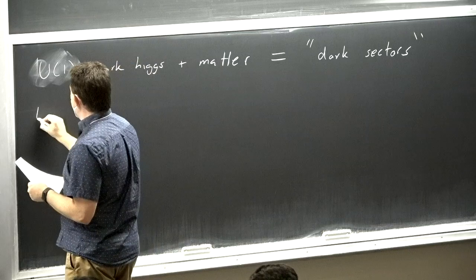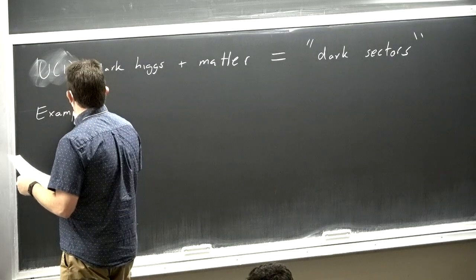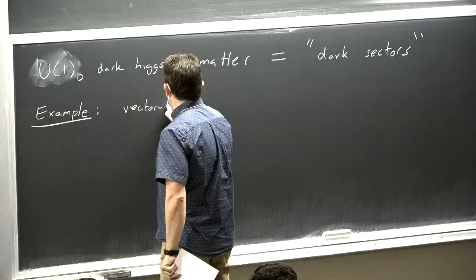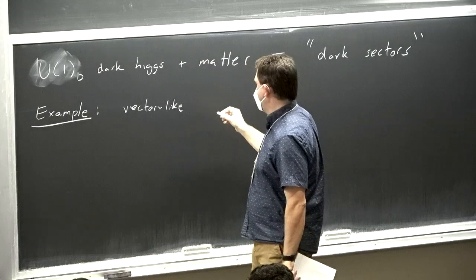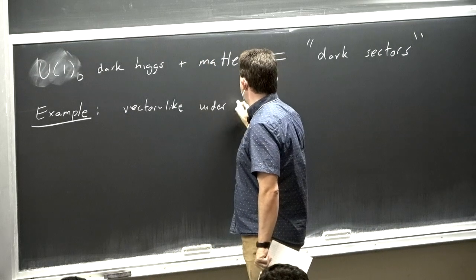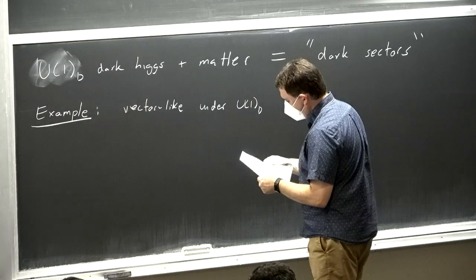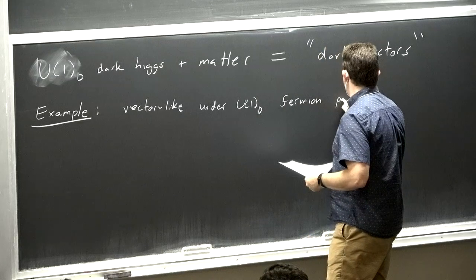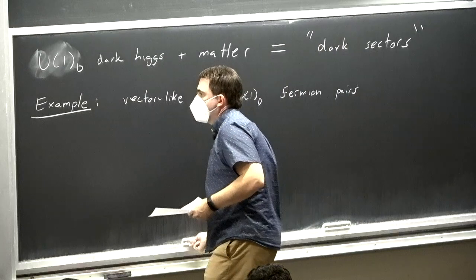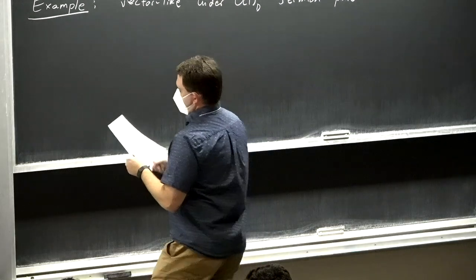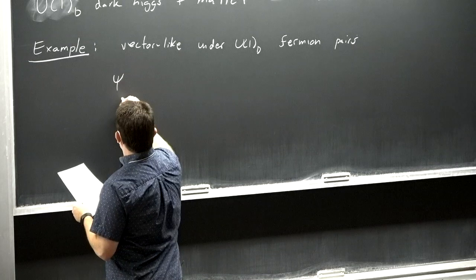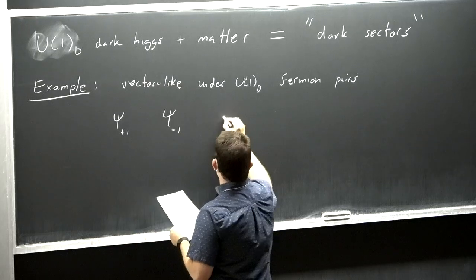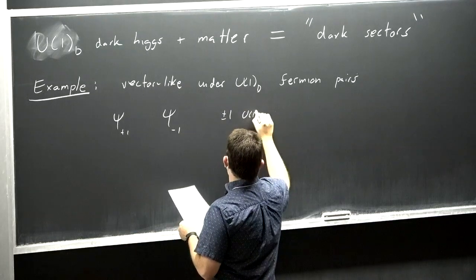And so a simple example would be, and this is not the most minimal example, but you could have vector-like fermions, vector-like under the U1 dark charges, fermion pairs. And just to write out a matter content, we can have, I'll label it psi plus 1, psi minus 1. So these carry plus minus 1 U1 dark charge.